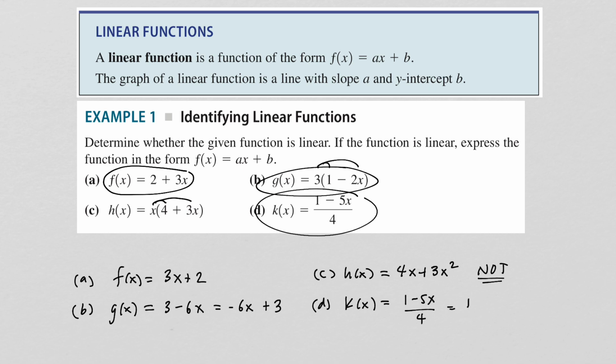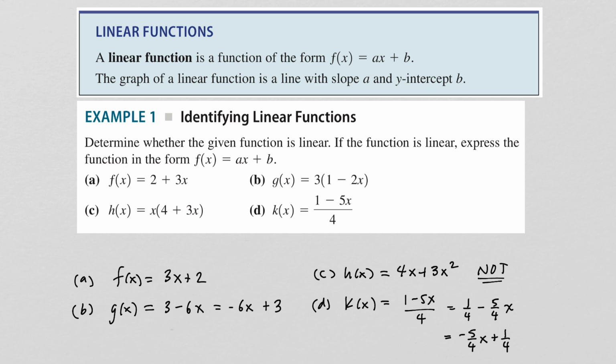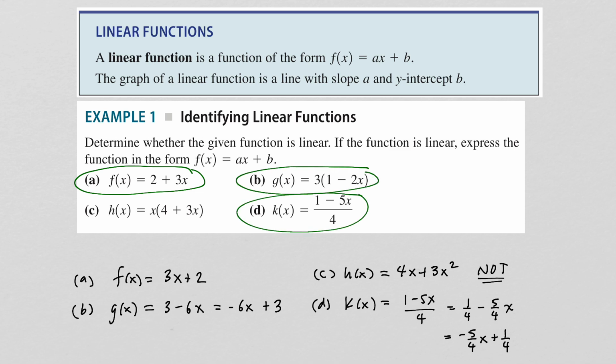This can be rewritten as 1/4 minus 5/4 x, which can also be rewritten as negative 5/4 x plus 1/4. And so, yes, this one is a linear function. So in the end here, this one is a linear function, this one, and this one is not a linear function.